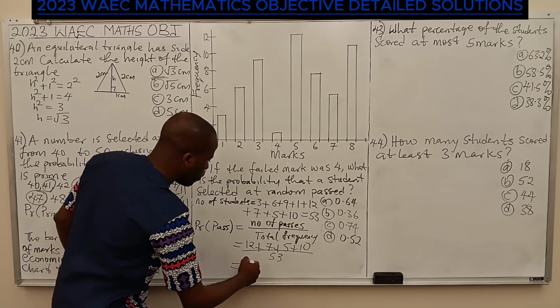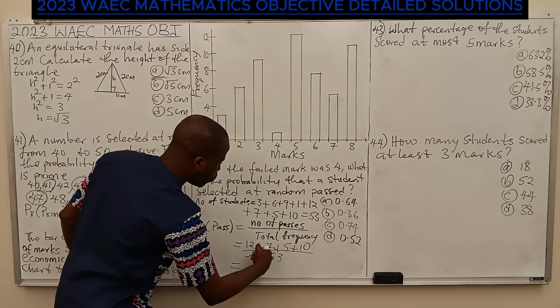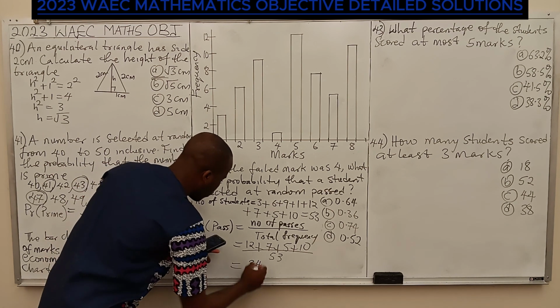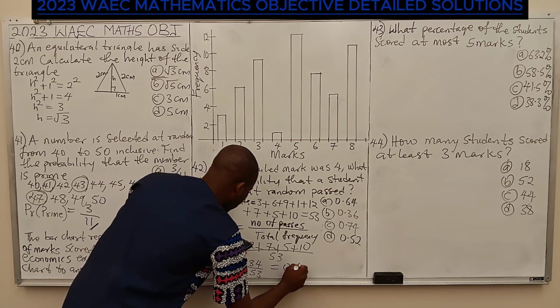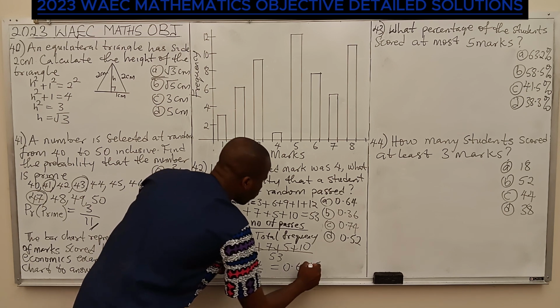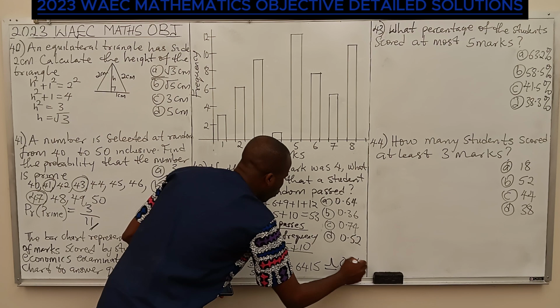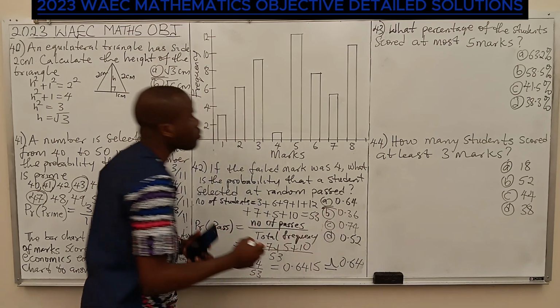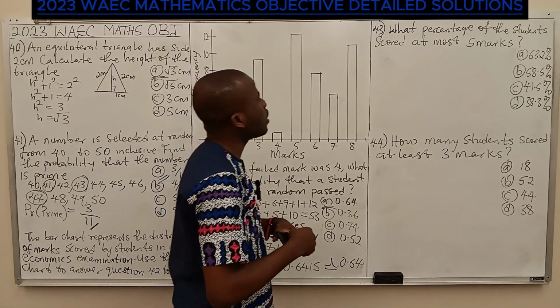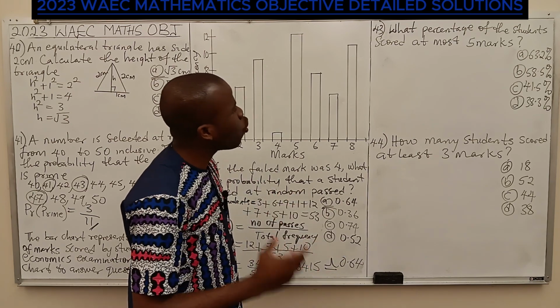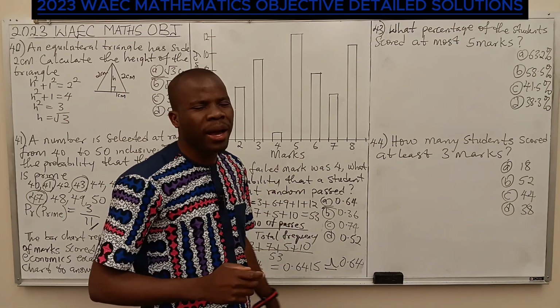This will give 12 plus 12 is 24, plus 10 is 34, over 53, which is 0.6415, approximately 0.64, which is A.